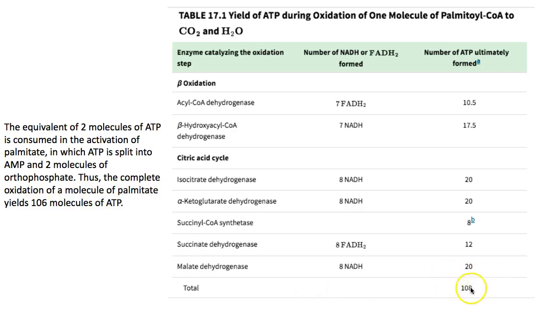So don't get tricked by that, because two molecules of ATP are taken away from the 108 that was produced, giving an overall yield of 106 molecules of ATP.